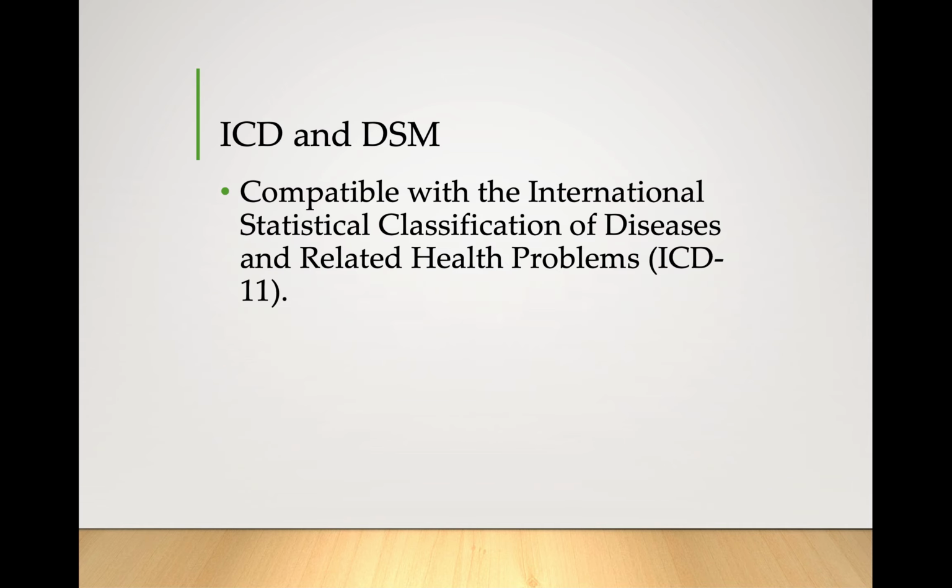It is compatible with ICD-11. This is a small detail that is important if you're doing insurance stuff or if you're working in a hospital system. The ICD is the International Statistical Classification of Diseases, and that is a very large document that has all the different ailments that one can have, including mental illness.